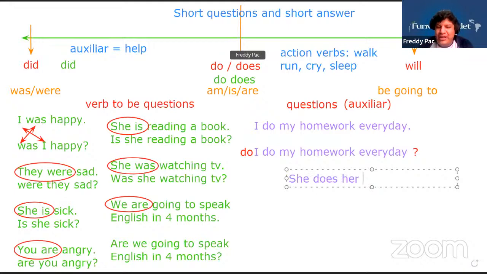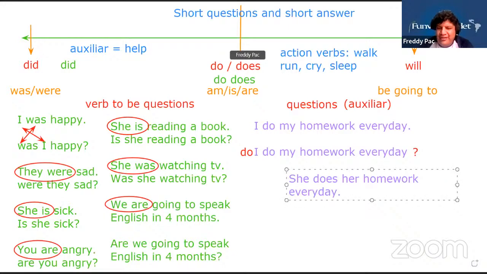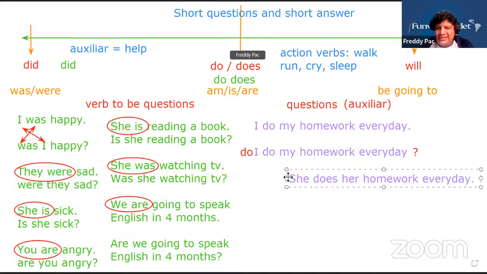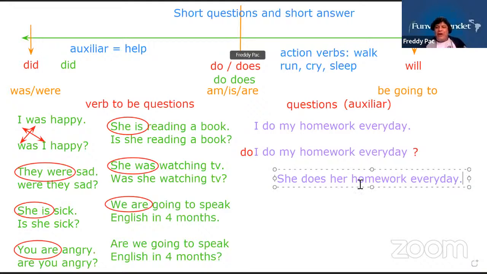She does her homework every day. Okay, this is the sentence, the affirmation. Now, what do I have to do to create a question? Copy the sentence.